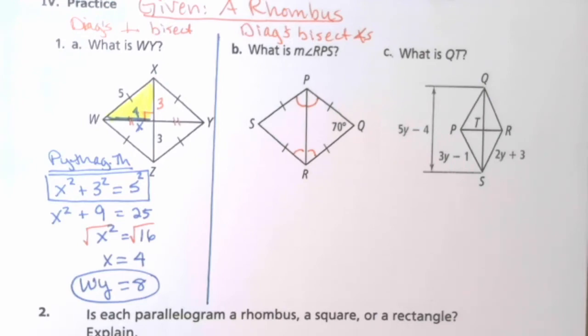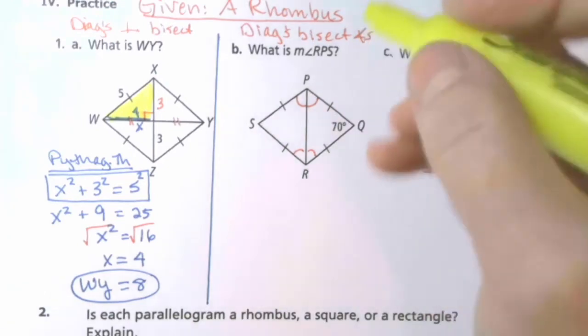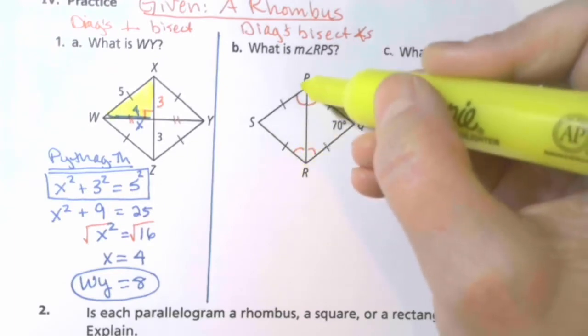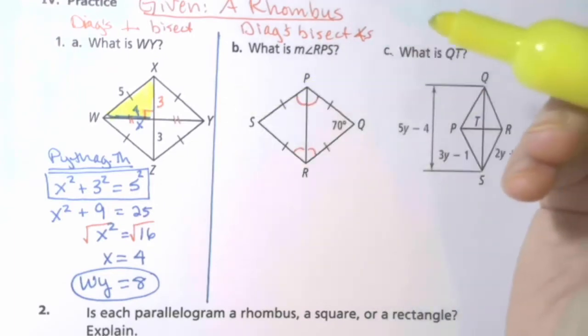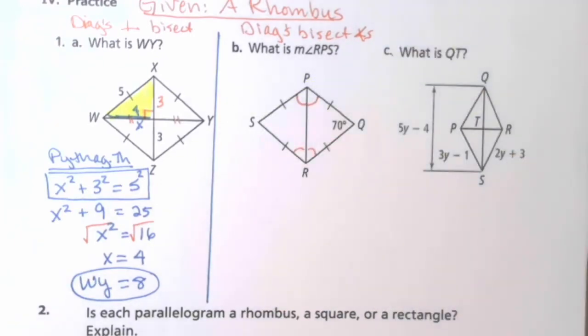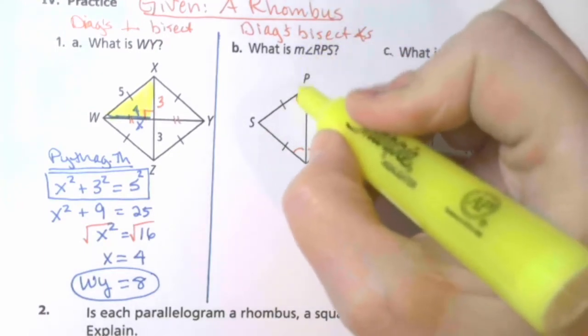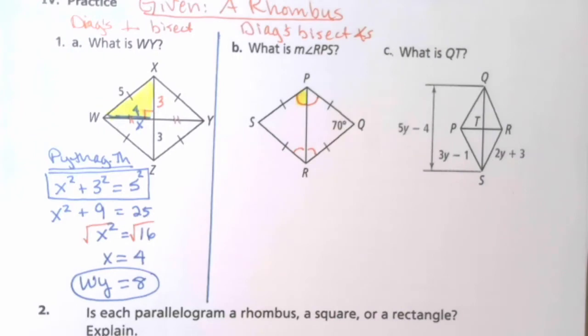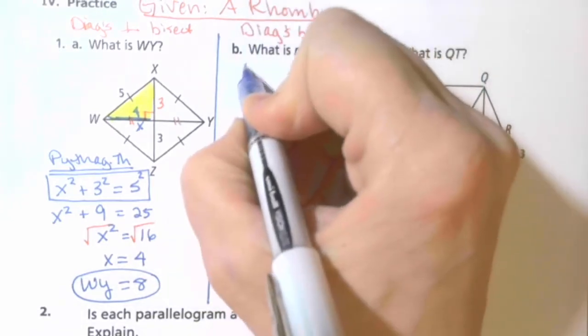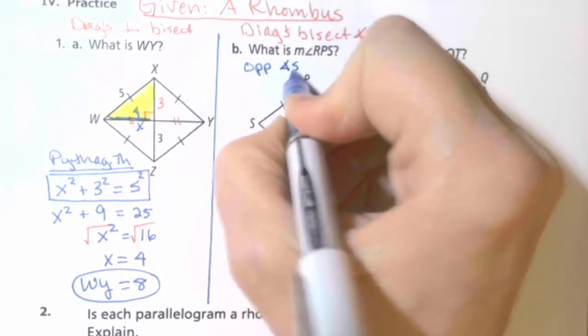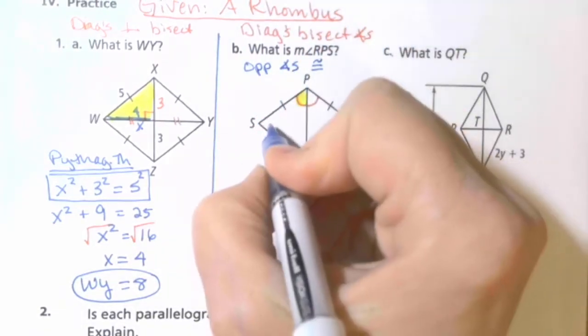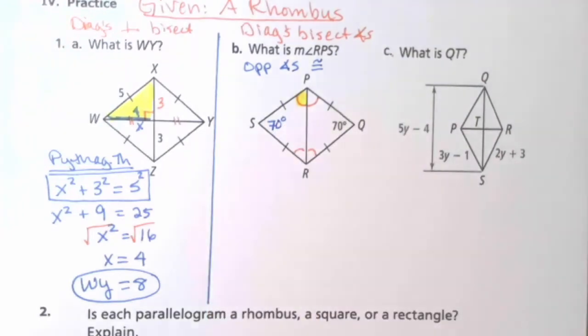All right, so we're looking for RPS. So RPS is this one right here. That's what we're looking for. So the diagonals bisect each other. And we also know that opposite angles are congruent. So if this one's 70, this one's 70.